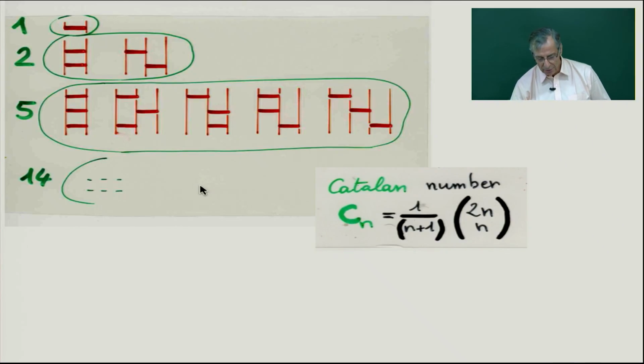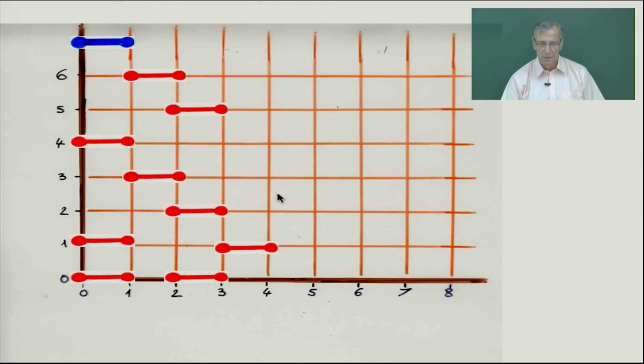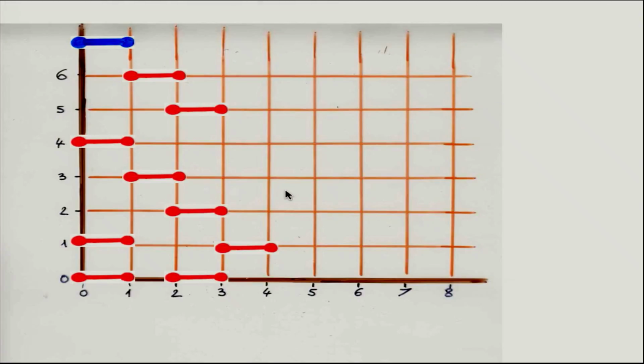Now the exercise: I will give you a second proof with an algebraic equation by using the technique of symbolic calculus. So here is a semi-pyramid, and I am going to show you directly that on these heaps, it satisfies the same algebraic equation as for Dyck paths. So in the first column, look, maybe there is only 1 diamond, maybe there is nobody here, maybe there is somebody. I take the topmost of the diamonds, which is not the maximal piece, in purple. And then you push down this.